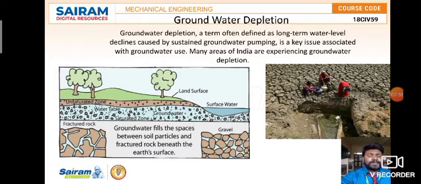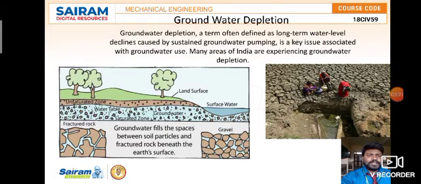We depend mostly on rainwater for agriculture and don't have other major sources, and the excess pumping of groundwater leads to this depletion.